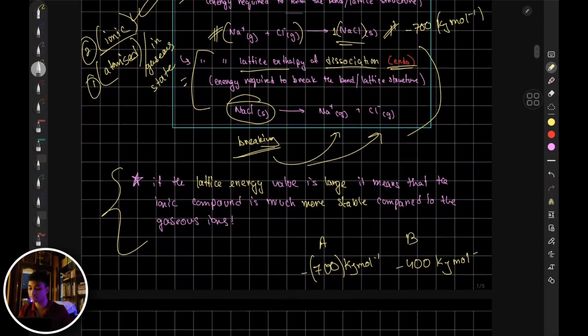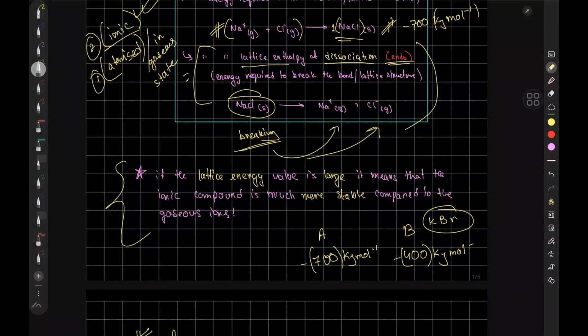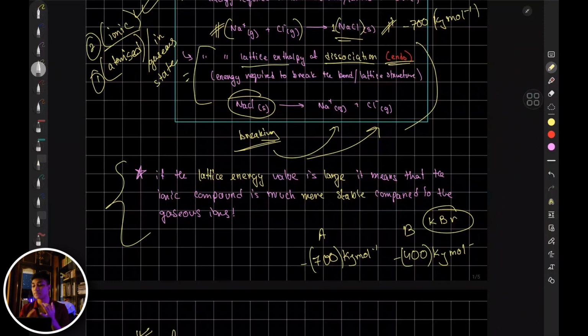Whereas if B was another compound, let's say potassium bromide, with a value of negative 400 kilojoule per mole to form potassium bromide, in that case, the separate ions, gaseous potassium ion and gaseous bromide ion, are going to be far less stable compared to the compound KBr, potassium bromide.